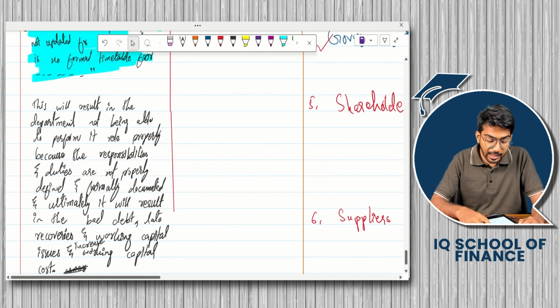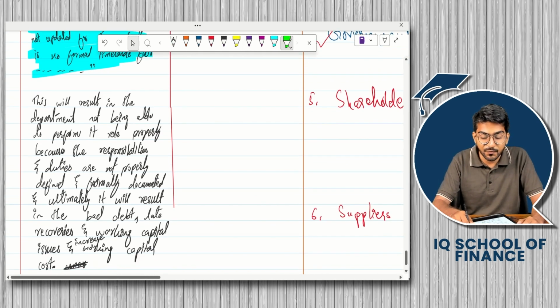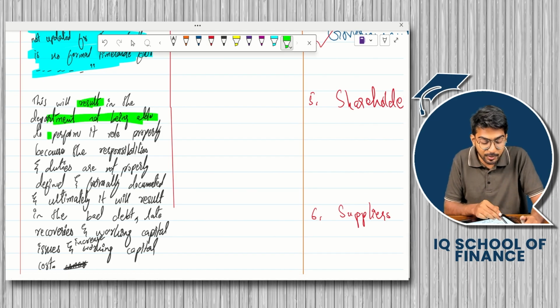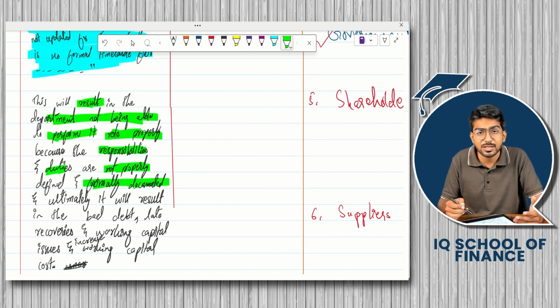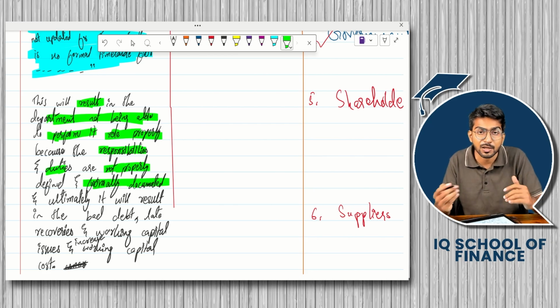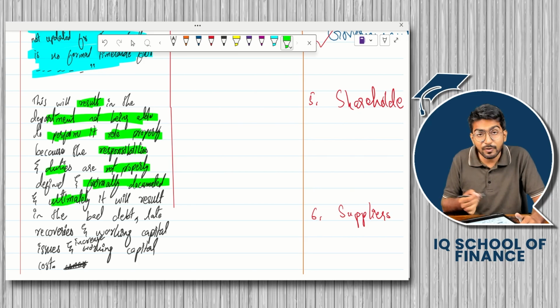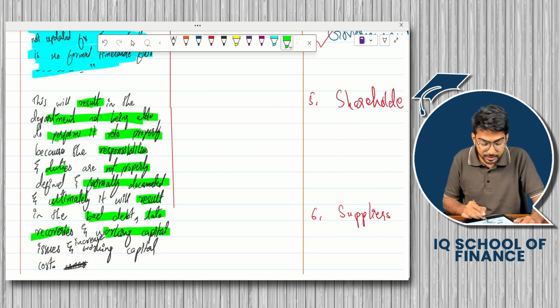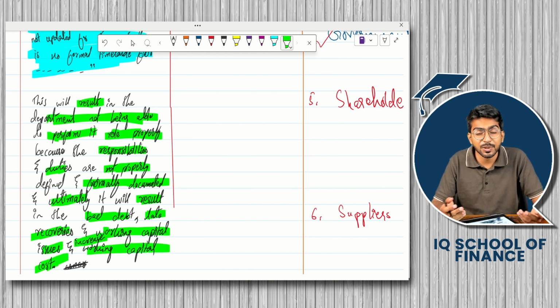After that, I have simply mentioned the fact that we just discussed, that it will result in the department not being able to perform its role properly because responsibilities and duties are not properly defined and formally documented. Obviously, when these are not properly defined and documented, no one knows who should do what work, right? And ultimately, what will happen? It will result in bad debt, late recoveries, working capital issues, and increased working capital cost. Okay, so these are the implications on our business.